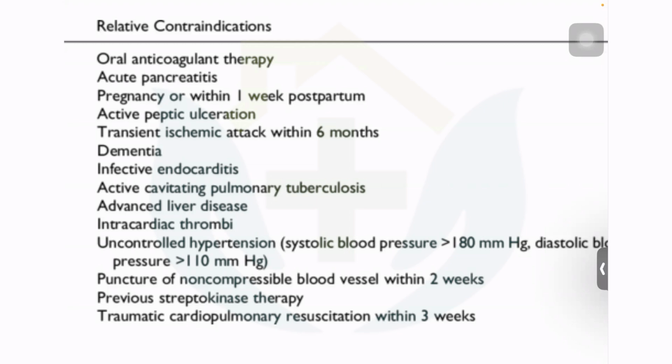Within 1 week postpartum is a relative contraindication. Active peptic ulceration is again a relative contraindication. Transient ischemic attack within the last 6 months is a relative contraindication. Infective endocarditis, active cavitating pulmonary tuberculosis, advanced liver disease, intracardiac thrombi, uncontrolled hypertension, puncture of a non-compressible blood vessel within the last 2 weeks, previous streptokinase, traumatic cardiopulmonary resuscitation within 3 weeks.